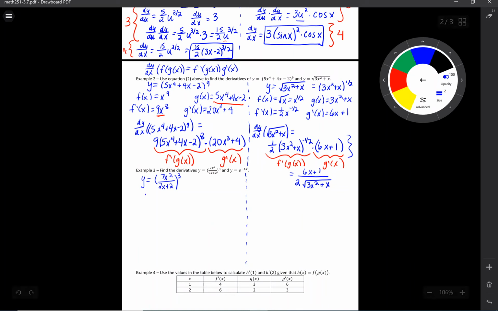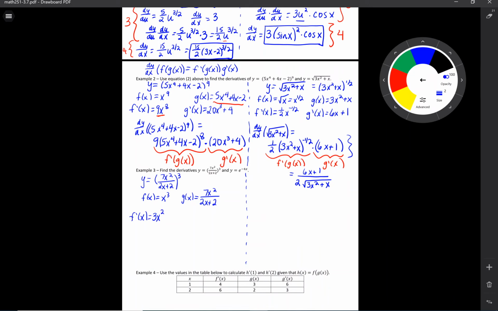My outer function is f of x equals x cubed. My inner function is g of x equals 7x squared over 2x plus 2. Now I need to find f prime and g prime.